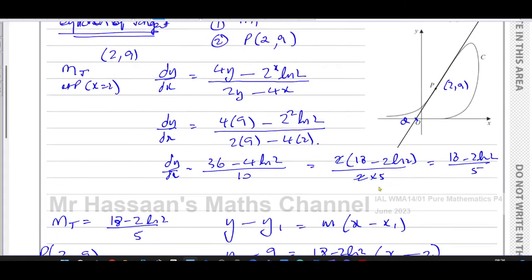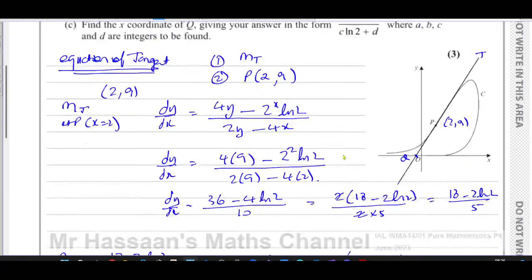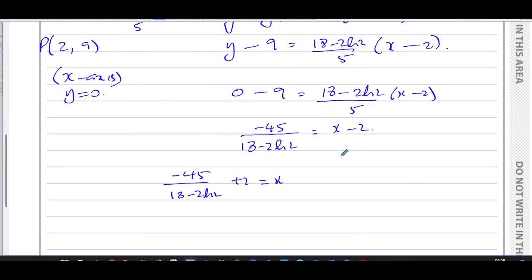Now we've got to write it in the required form. How are we going to do that? We combine these into one fraction with the same denominator, 18 minus 2 ln 2. The first term is minus 45, and the second is 2 times 18 minus 2 ln 2.